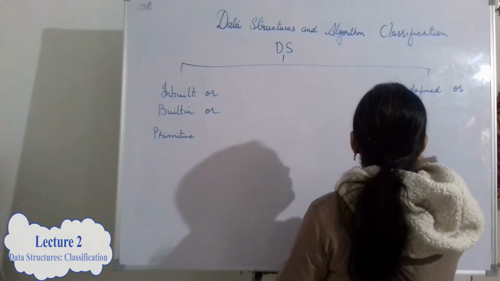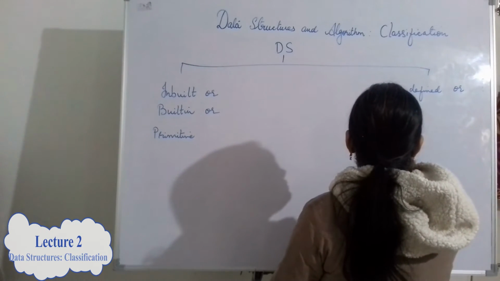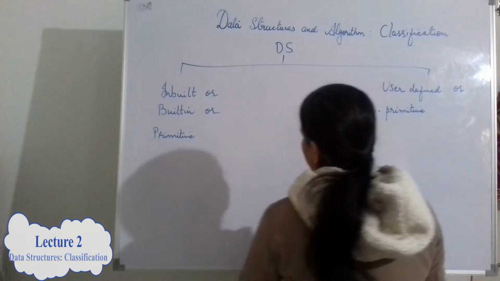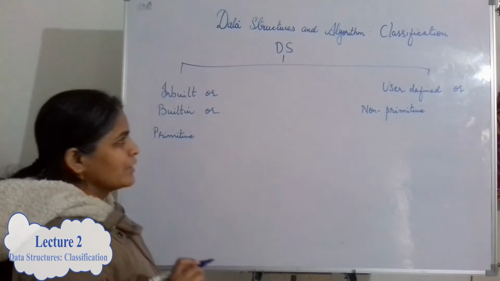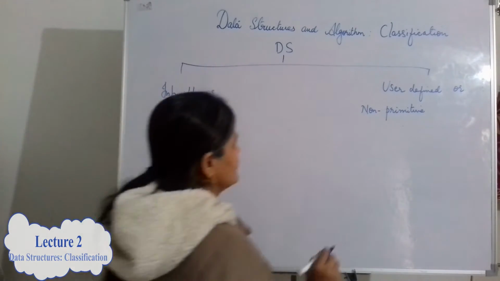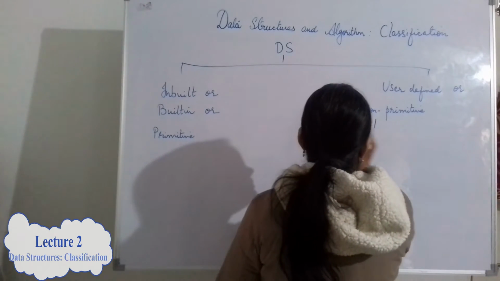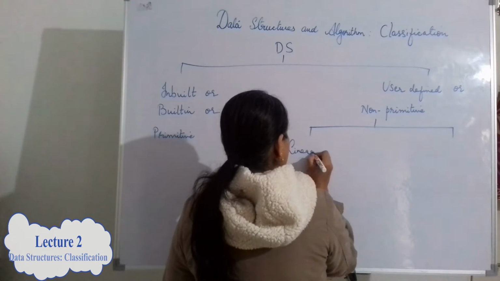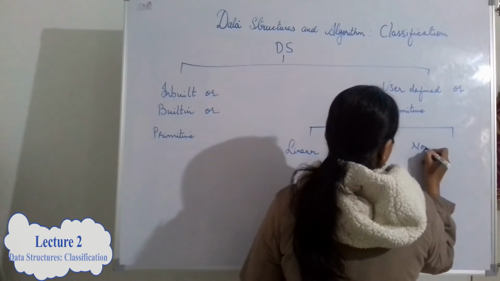or non-primitive data structure. Okay. User-defined data structures are of two types, linear and non-linear.